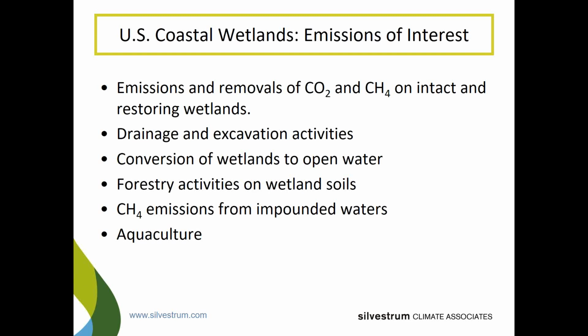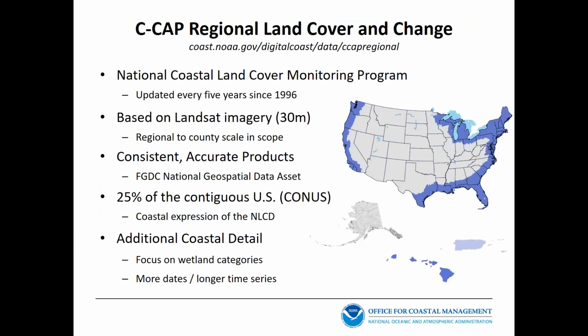The data that we've called upon is derived from the NOAA Coastal Change Analysis Program. It's a regional land cover and land cover change data set, developed from Landsat data. It's been updated every 5 years since 1996, and so we have a time series currently extending through to 2010.